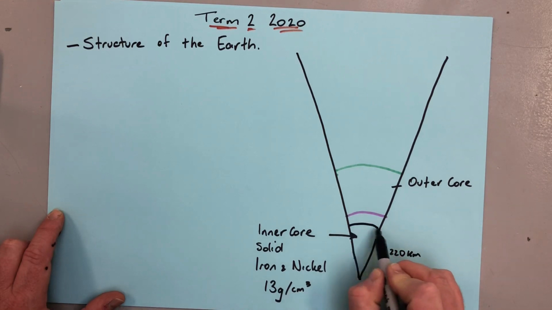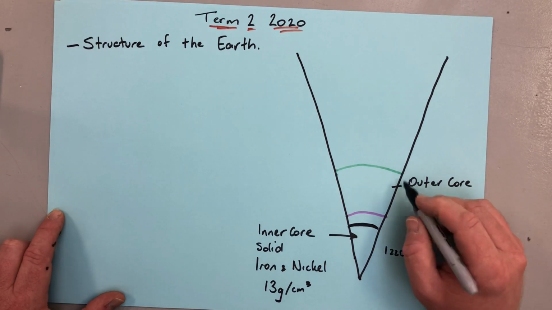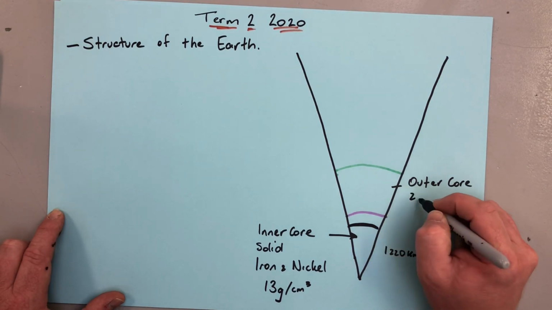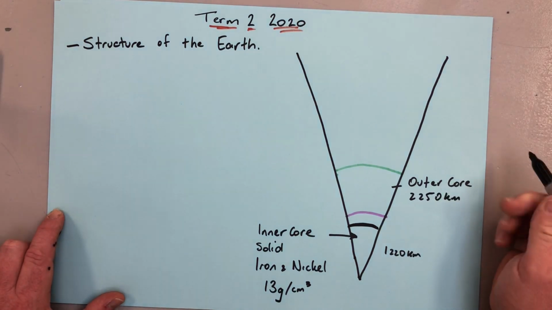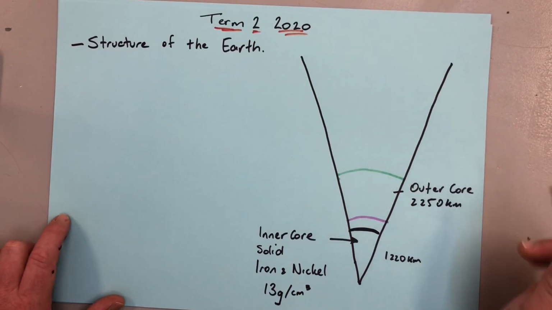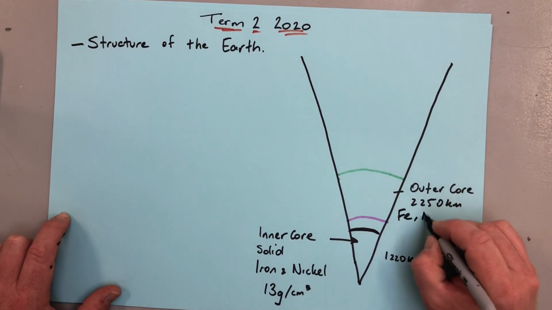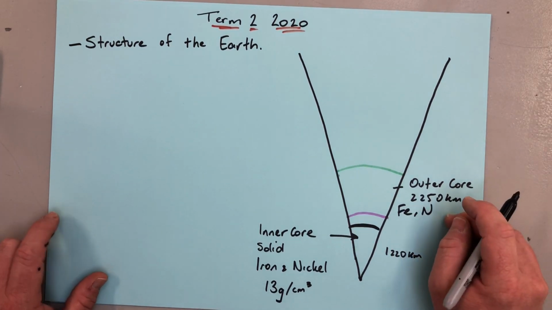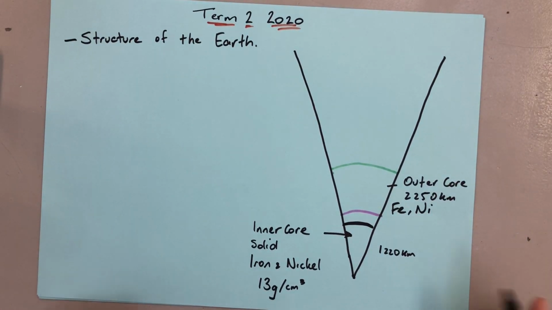It should be more like there actually, sorry. The outer core is about 2,250 kilometres thick. It's made of iron and nickel as well. But it is liquid.